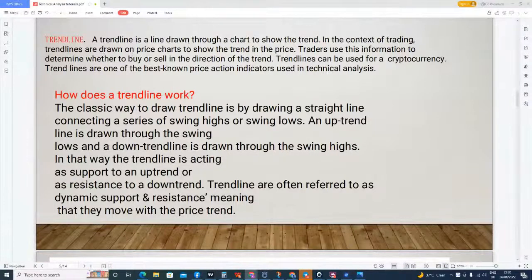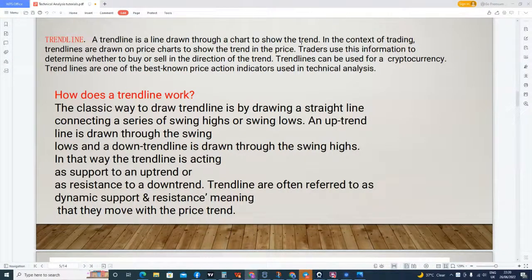So as I have explained below, trend line. A trend line is a line drawn through a chart to show the trend. You know why? When the market is trending, it is a trend line that will help you to know that this market is trending, maybe it's an uptrend or a downtrend.